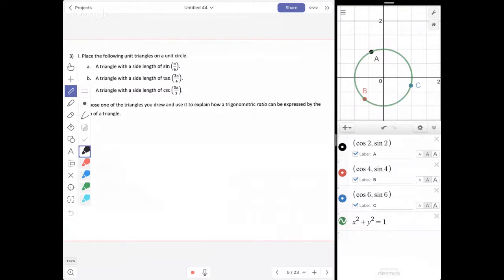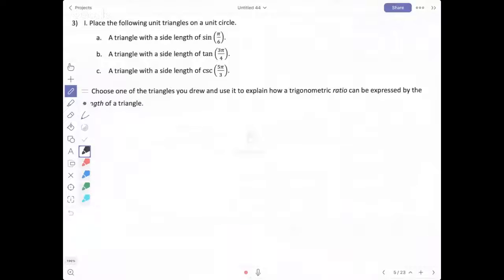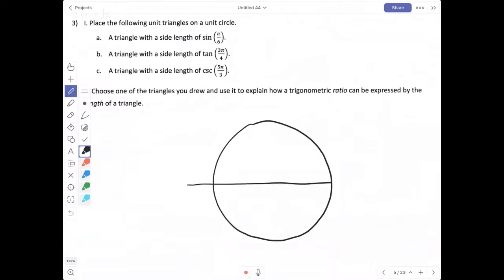Okay, number 3 says, place the following unit triangles on a unit circle. So there's a unit circle. And I want to start with a triangle with a side length of sine pi over 6. Pi over 6 is like 30 degrees.